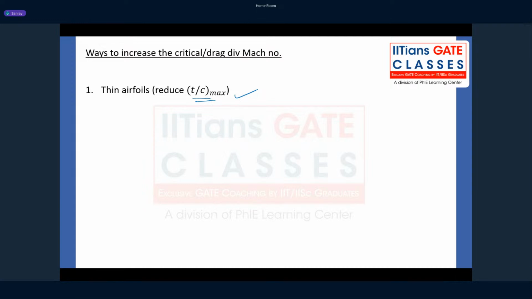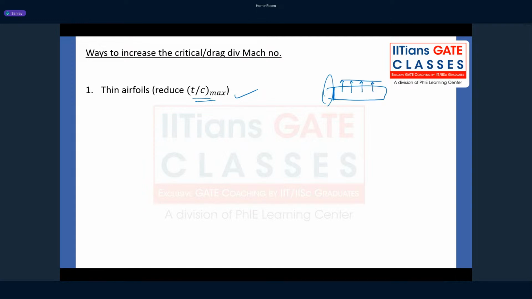It is not good for your structural strength, because if I use a very thin airfoil, then this is your aircraft, there's a wing, right? Right at the wing root, the bending moment is so much, because of the lift distribution, the kind of loads acting on your wing, it's a distributed load.